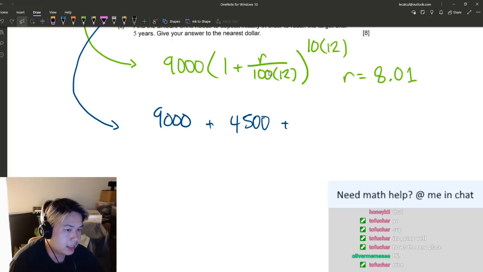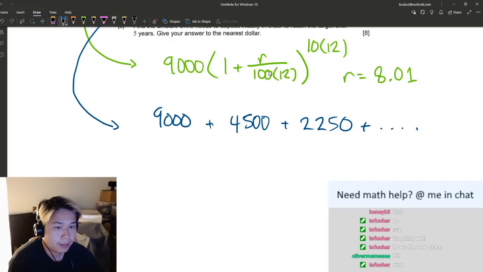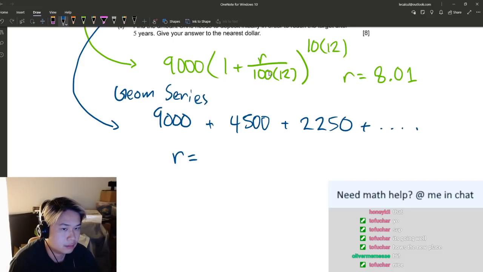Then the next year he adds 2,250, and so on and so on. So his common ratio, so this doesn't mean interest rate, this is the common ratio for a geometric series, is 1/2.